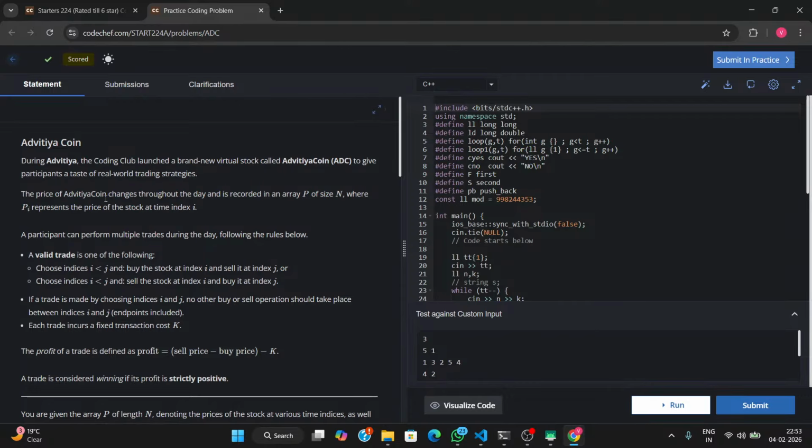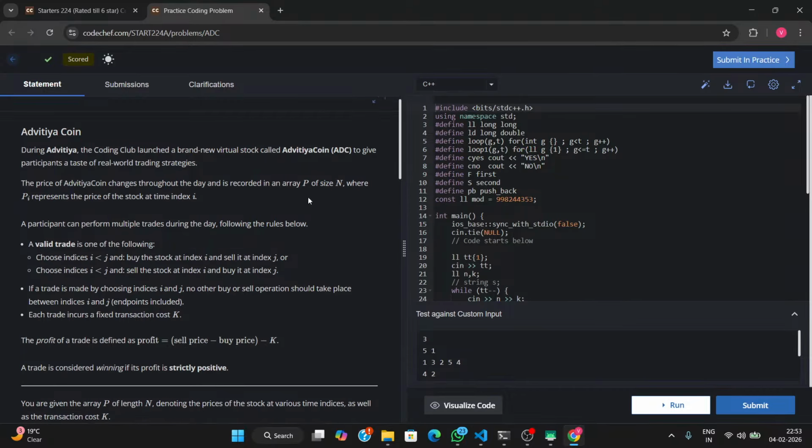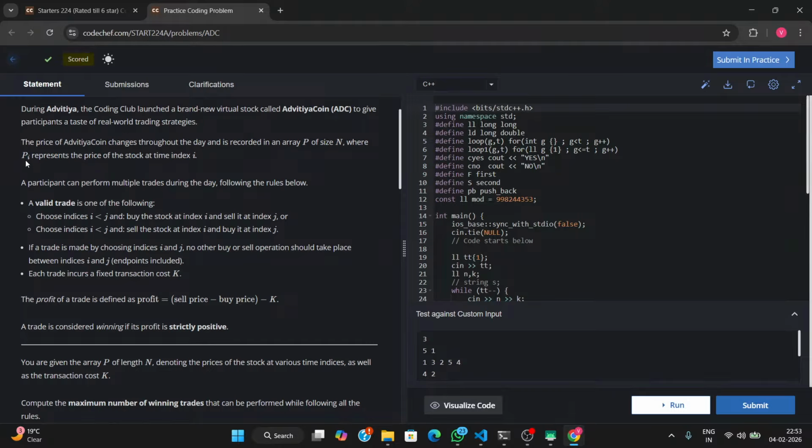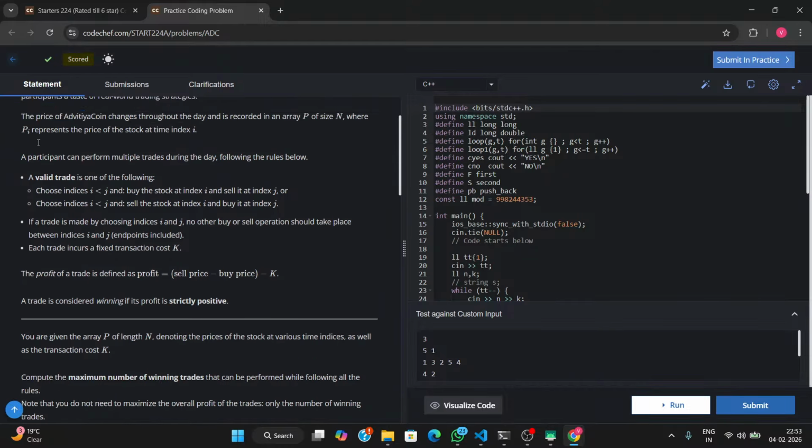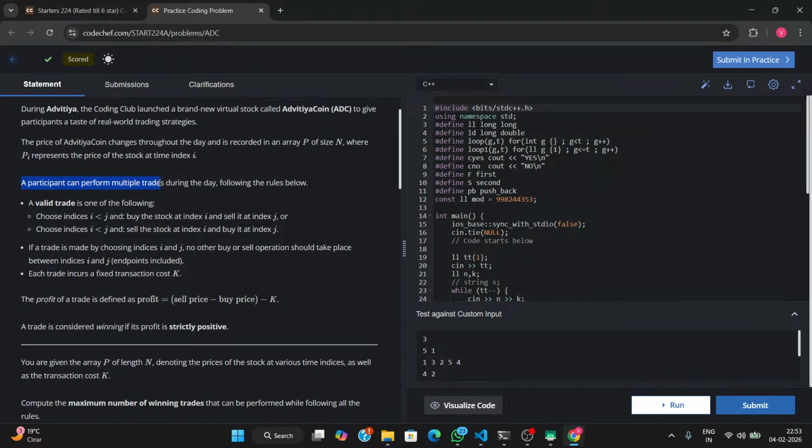The price of the coin changes throughout the day and is recorded in an array P of size n, where Pi represents the price of the stock at time index I. So, a participant can perform multiple trades during the day following the rules below.